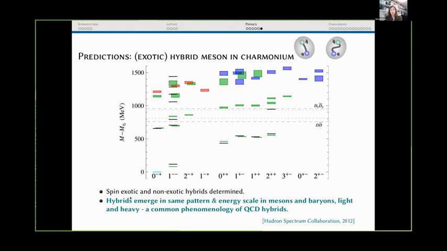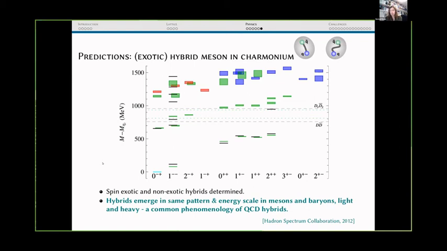In particular, what seems to happen is that the hybrid states emerge in the same pattern. In these multiplet patterns, this is a hybrid supermultiplet, as we call it, and at the same energy scale, at around 1.3 to 1.5 GeV above the lightest state in the system. So here above the eta_c in the charmonium system, at a similar scale in bottomonium and also in the light sector.